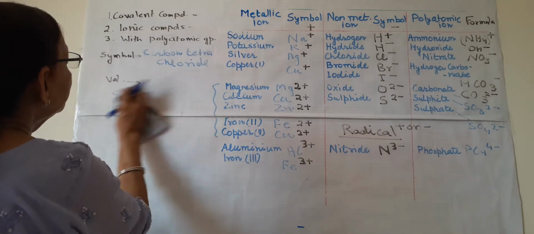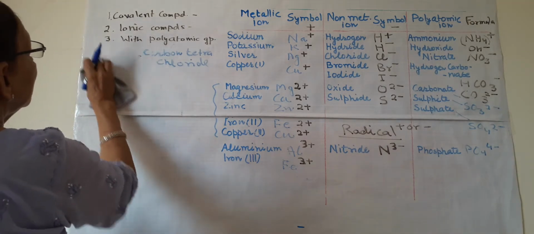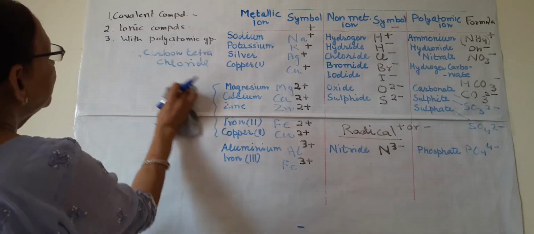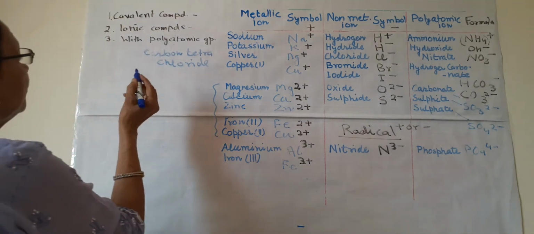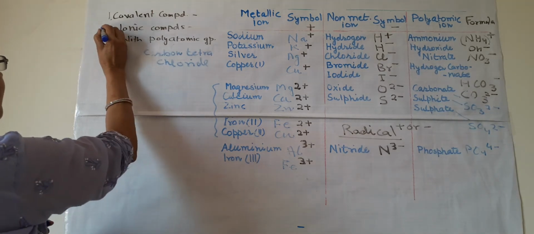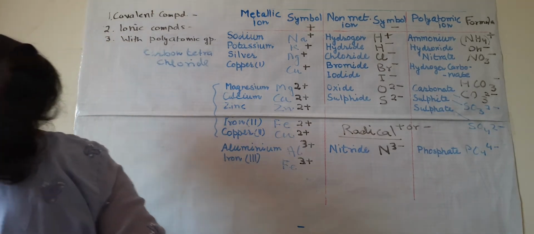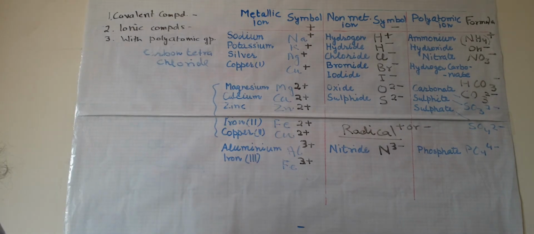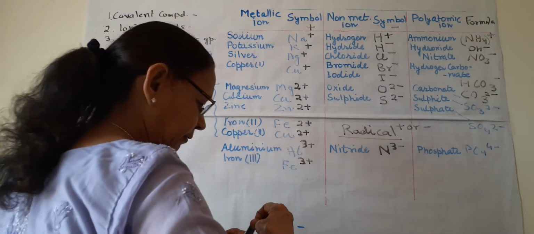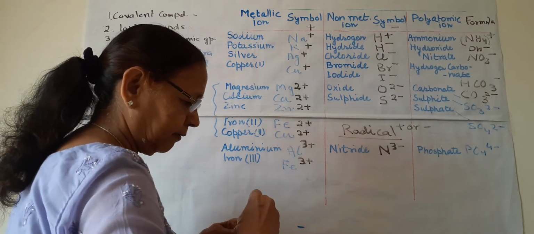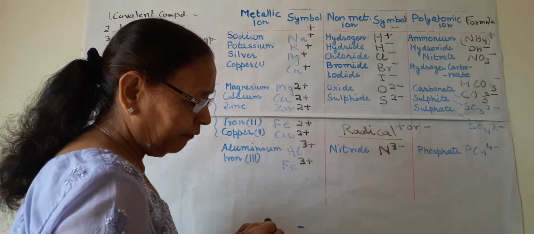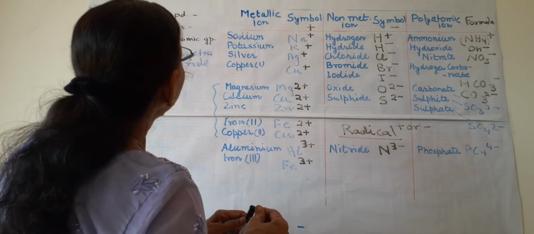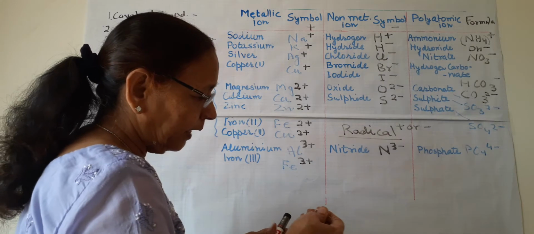Next, these are covalent compounds. Next, I will write ionic compounds. So we will write first the formula of magnesium chloride.